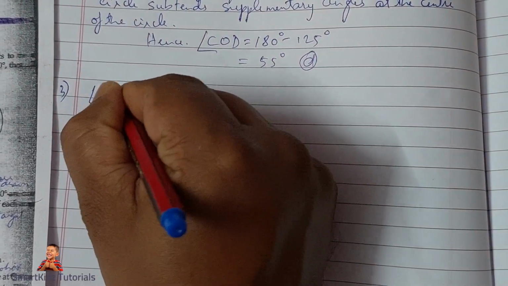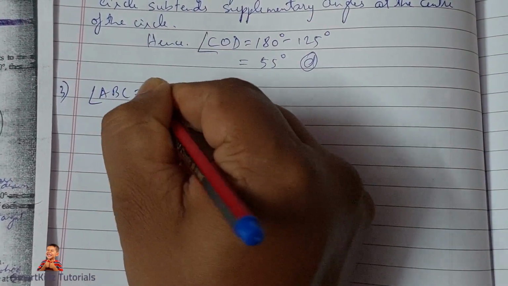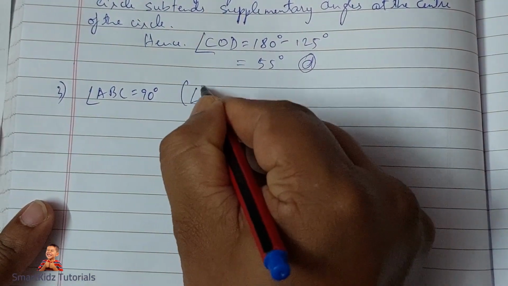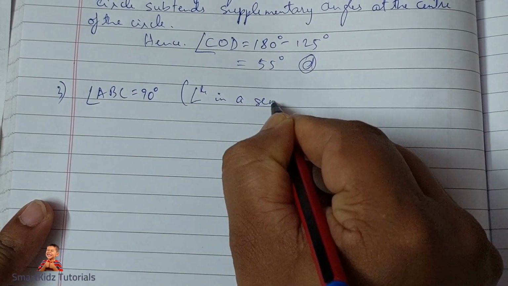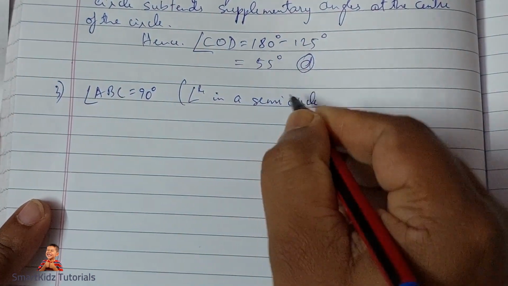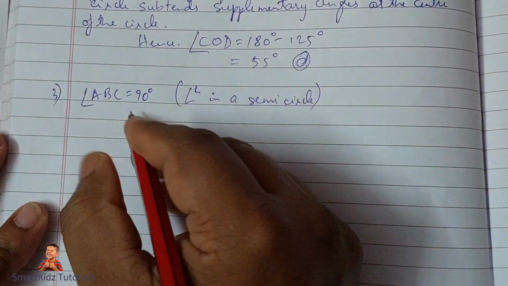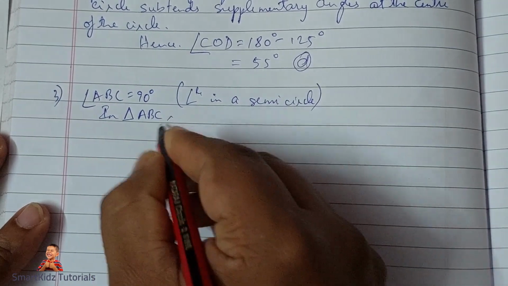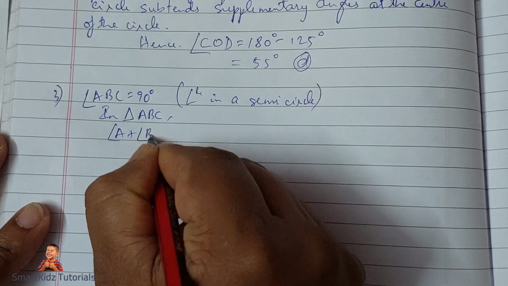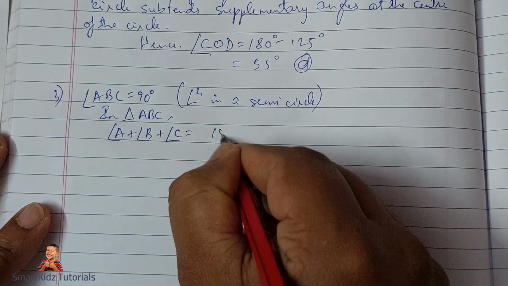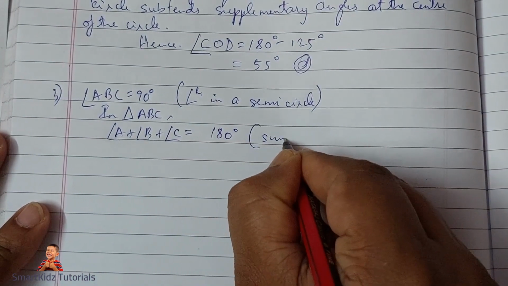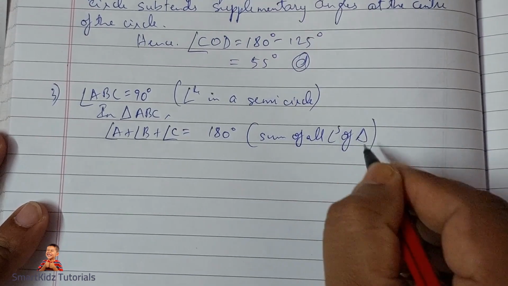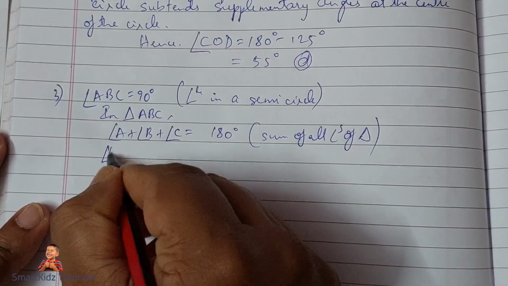So we say angle ABC is equal to 90 degrees, and this is the angle in a semicircle. Then we say in triangle ABC, angle A plus angle B plus angle C equal to 180 degrees, which is the sum of all angles of a triangle.